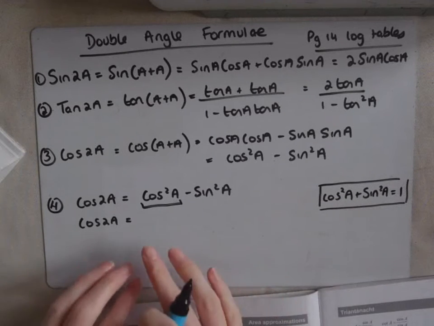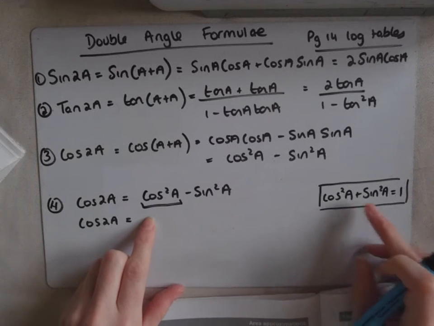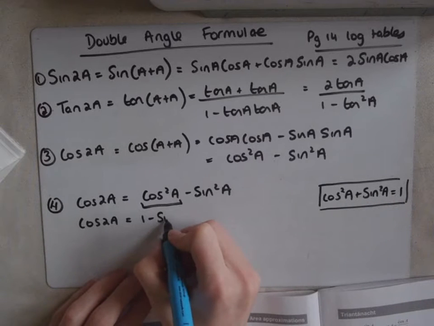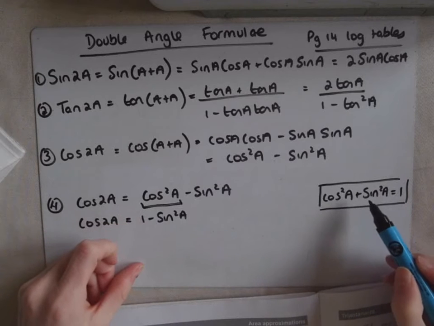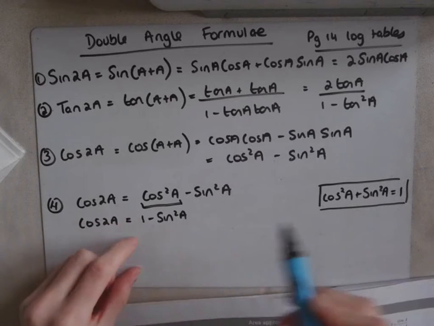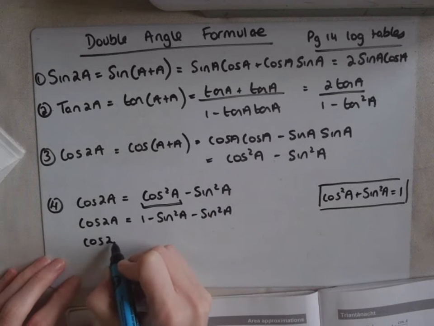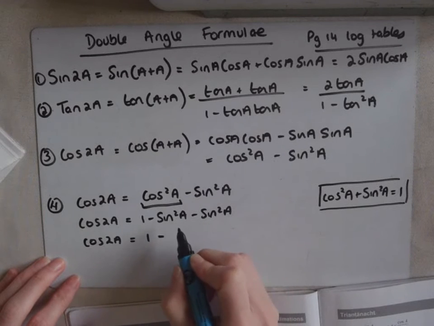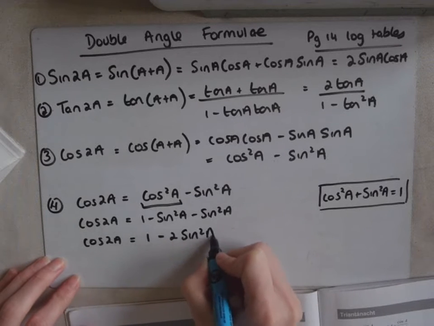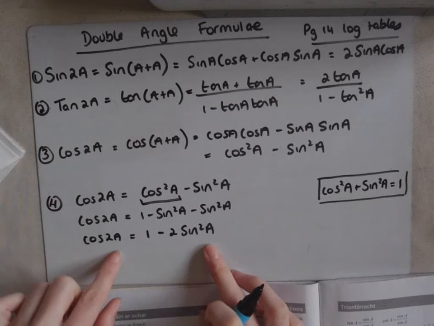So if my question all has sines in it, then I'm going to replace the cos squared A with 1 minus sine squared A. I just bring the sine squared A over and it becomes a minus. So cos of 2A is 1 minus, and how many sine squared A's do you have? You have 2 of them. So that's really handy if in the question they only want you working with sines and sine squareds. You can replace cos of 2A with this.